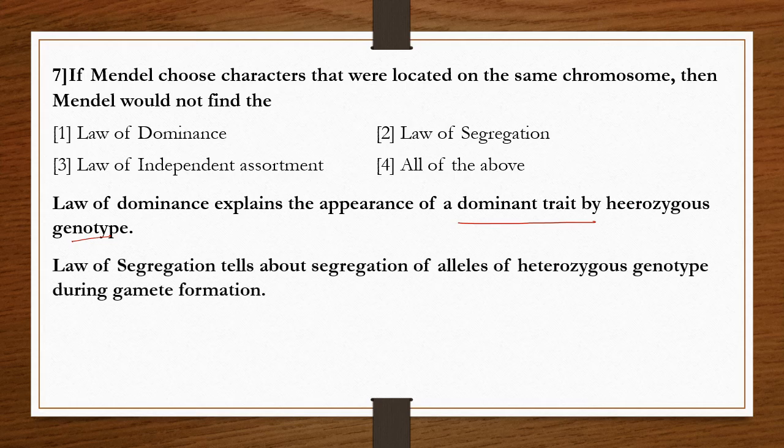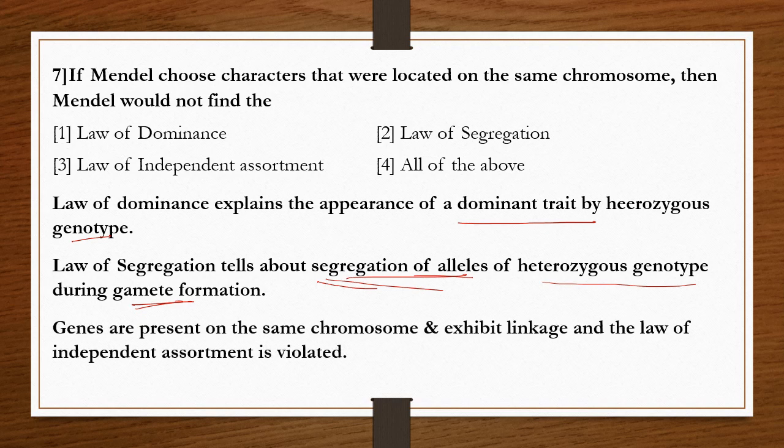Next, the law of segregation tells about the segregation of alleles of a heterozygous genotype during gamete formation. And another one: if genes are present on the same chromosome and exhibit linkage, the law of independent assortment is violated.